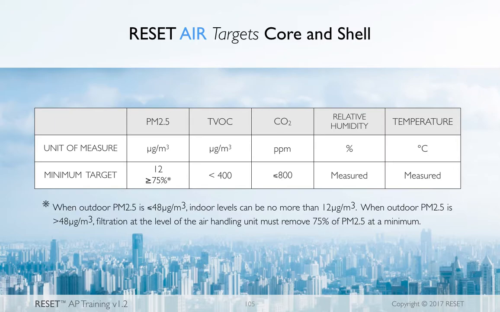So on those really horrible, what we call apocalyptically horrible air pollution days where particulate matter is just ridiculously high, we allow a bit of realistic protection, because a team being expected to hold a minimum target of 12 on those days would be almost impossible.